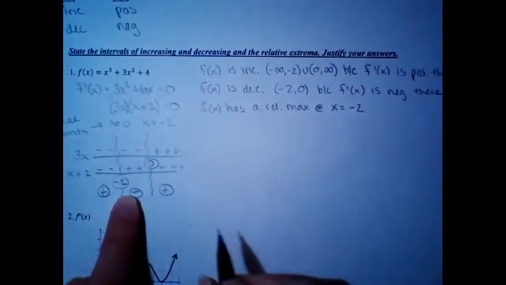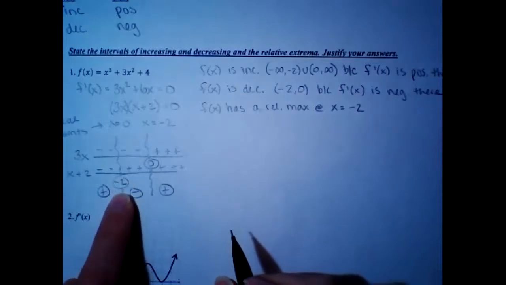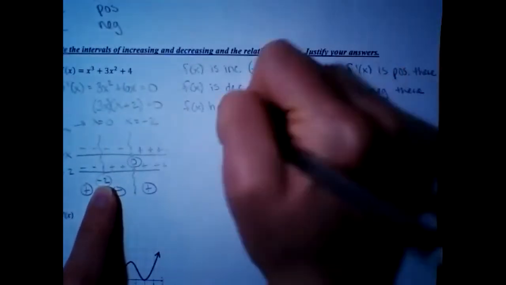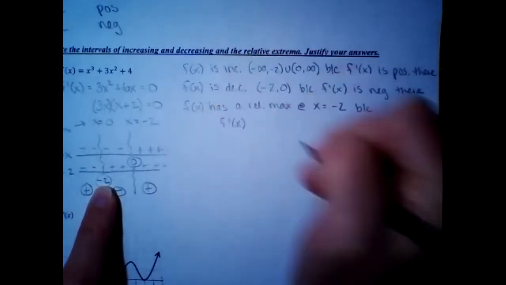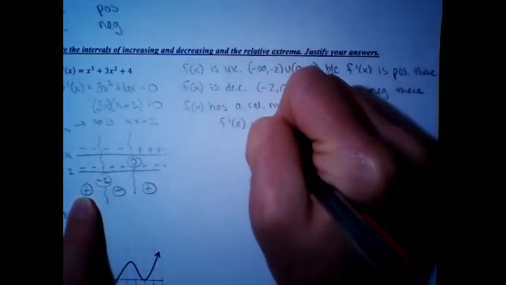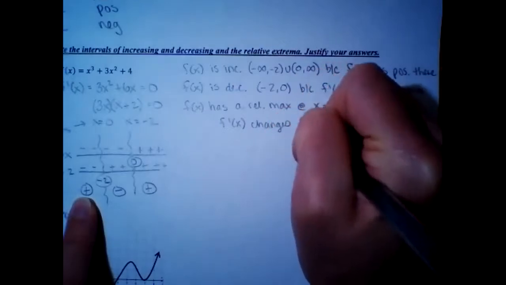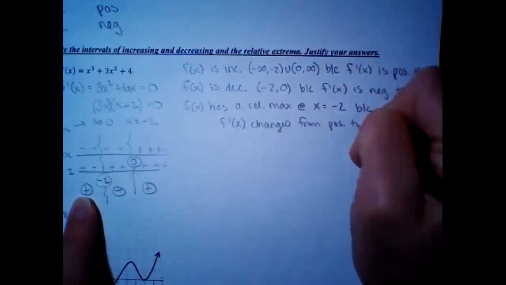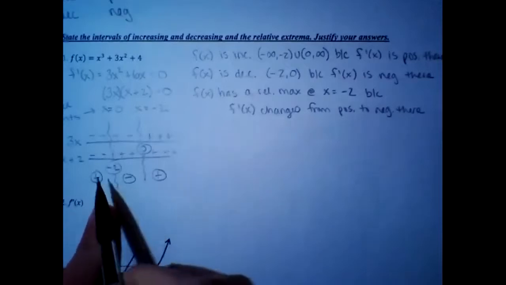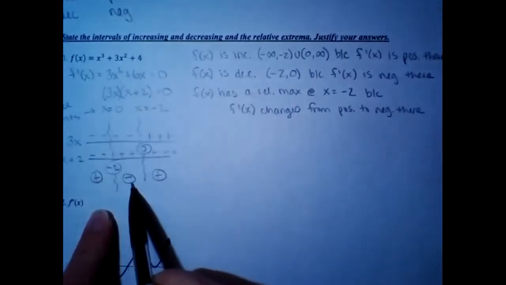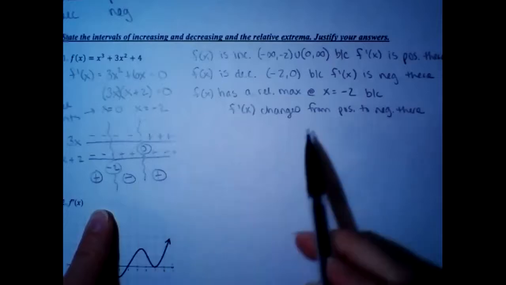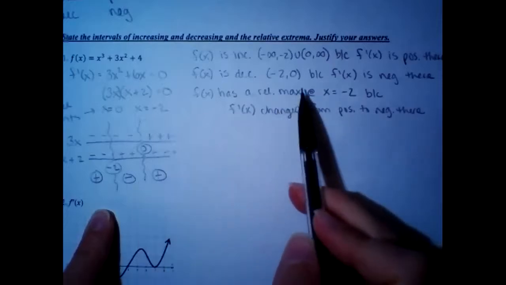So f of x has a relative maximum at this critical point because f prime, again, that's our source we're citing, f prime changes from positive to negative there. So here's -2. We had a change from positive to negative. So again, that means the graph changed from increasing to decreasing, and that gives you a relative maximum.